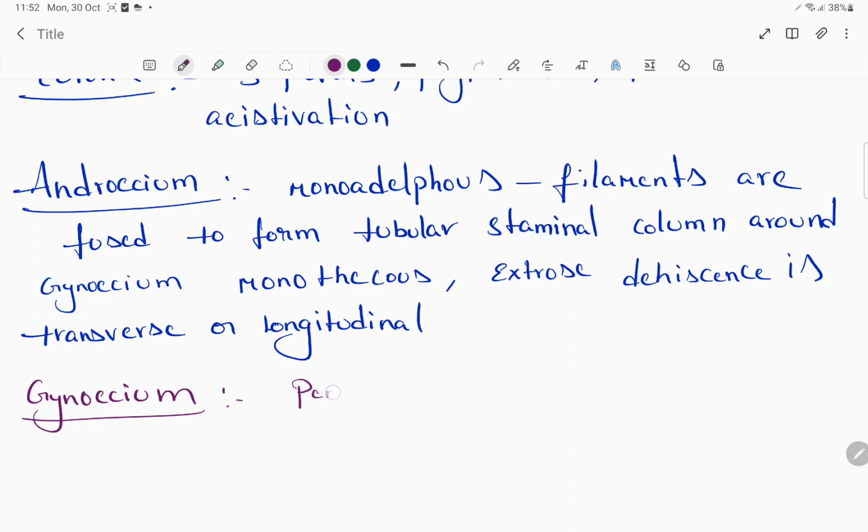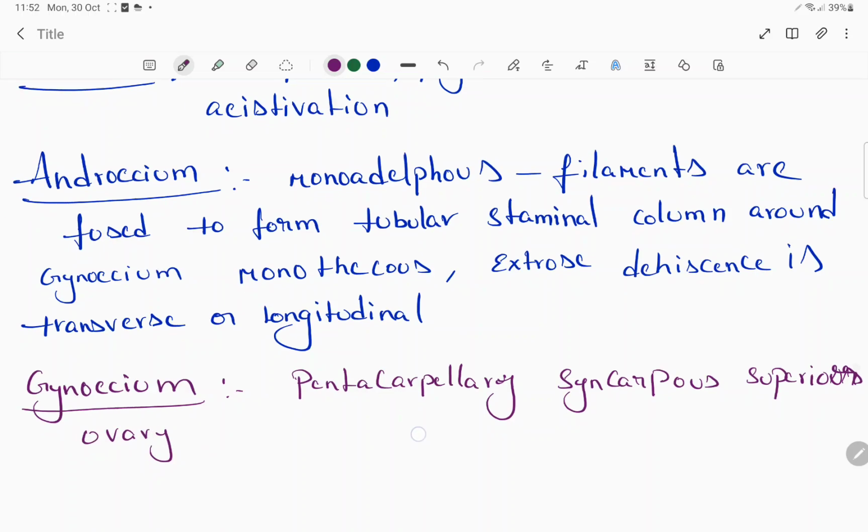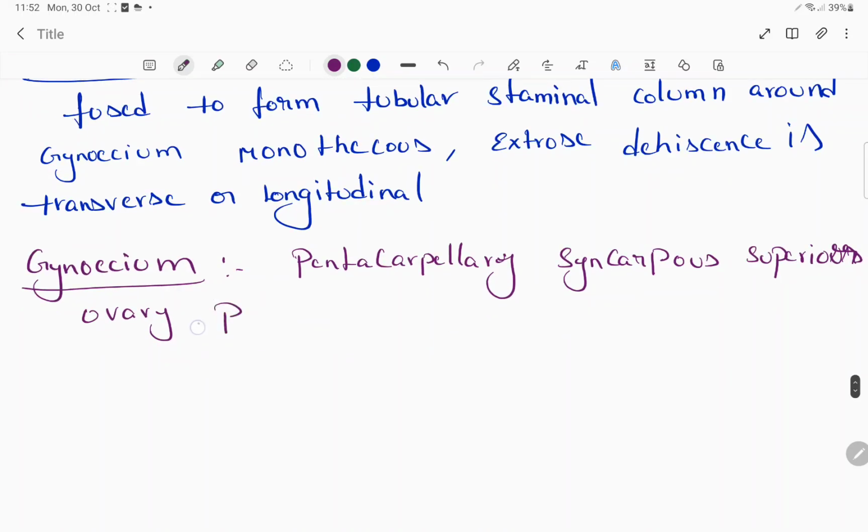We have pentacarpellary, syncarpous, superior ovary or hypogynous flower, pentalocular.